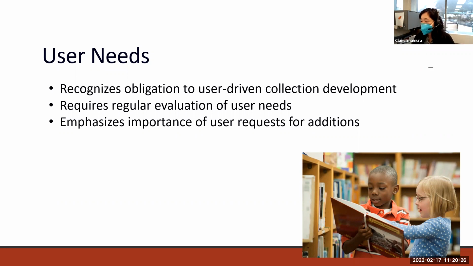But one that I think all of the policies should include is a recognition of your user needs, what they're looking for from the collection, how you're determining what user needs are, how users can request materials that they specifically want, and how those requests are considered.